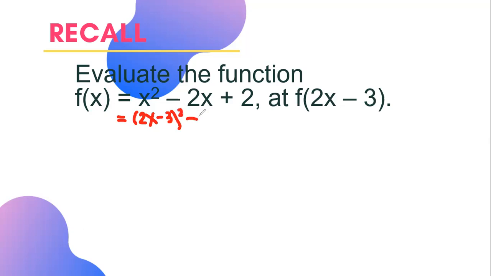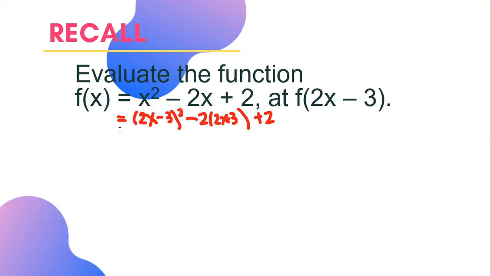Then minus 2, then replace x again by 2x minus 3, then plus 2. So the next thing that you need to do is to expand this expression because you have the squared.